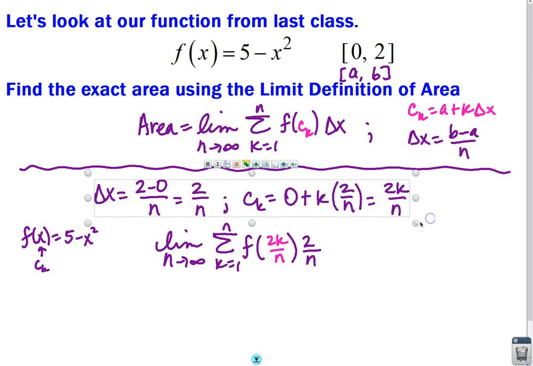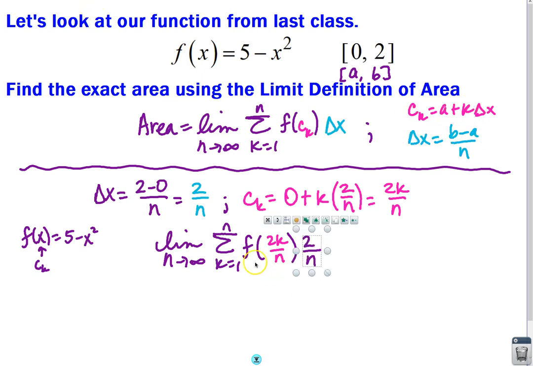And then delta x, let's do blue. This guy right here, same shade. And then this guy is that. Hopefully that helps clean that up a little bit better. It might help if I made all of that blue.